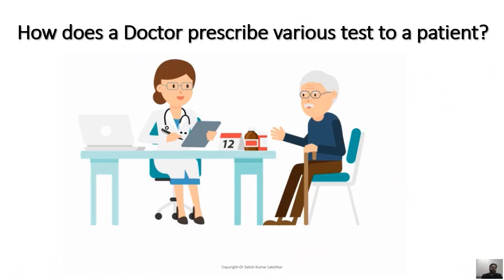Now let's talk about an example. How does a doctor prescribe various tests to a patient? As a patient, sometimes we also visit a doctor, and whenever a patient is visiting a doctor, how does the doctor go for the diagnosis of the disease, or how does the doctor prescribe any medicine to the patient?